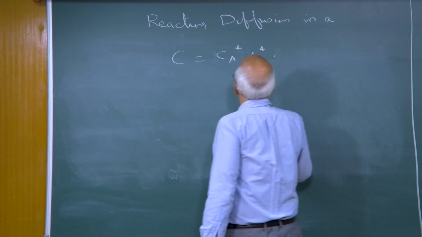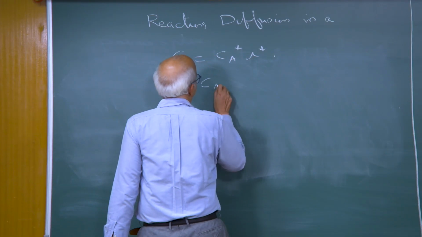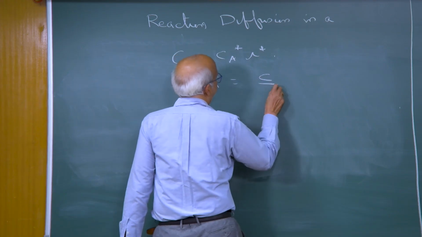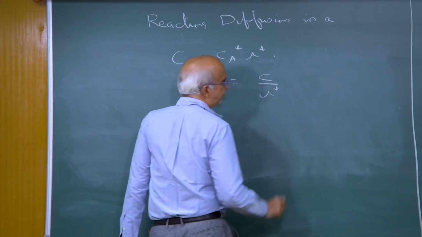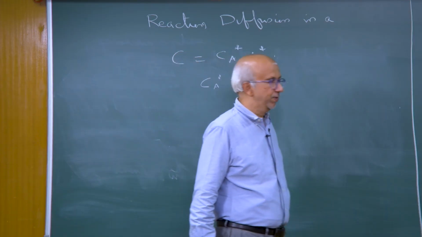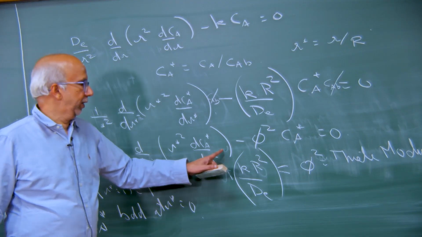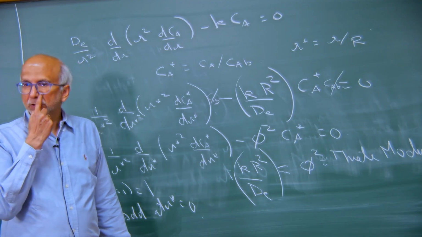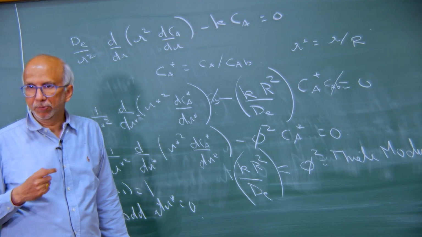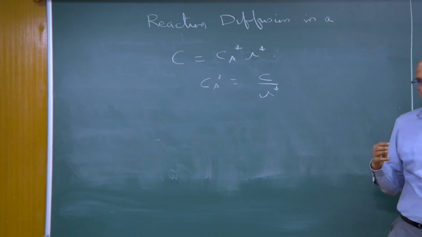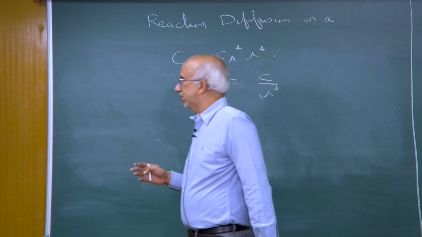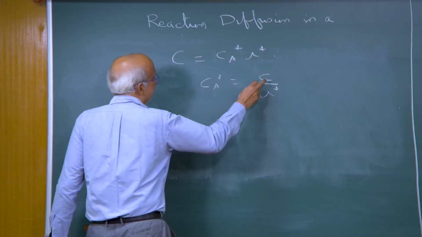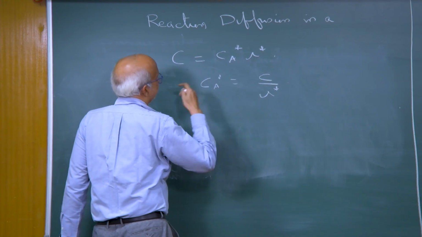So, what is CA star? Is C divided by R star. Okay. So, I want to substitute wherever CA star is in terms of C. So, what I am doing is I am going to rewrite that equation wherever CA star is there, I am going to write in terms of C. So, C is defined as CA star R star.